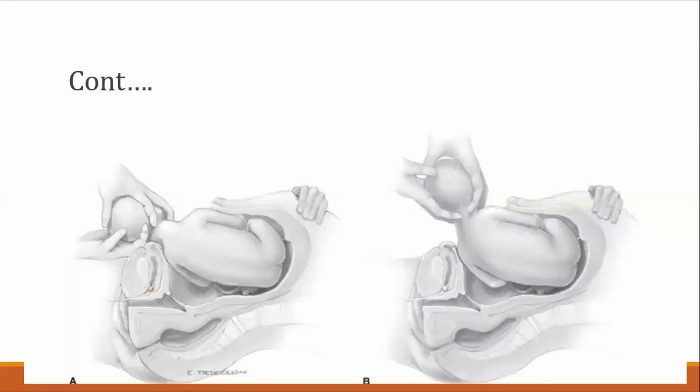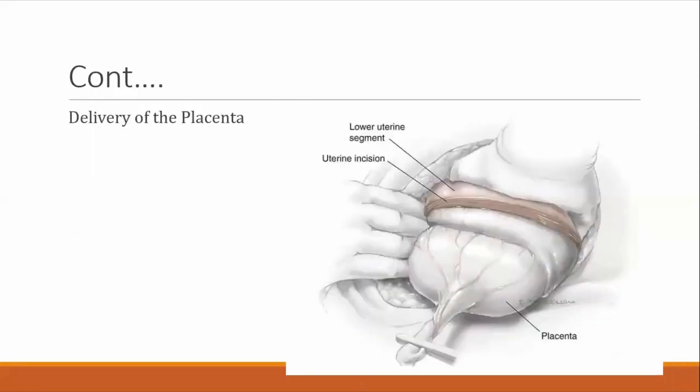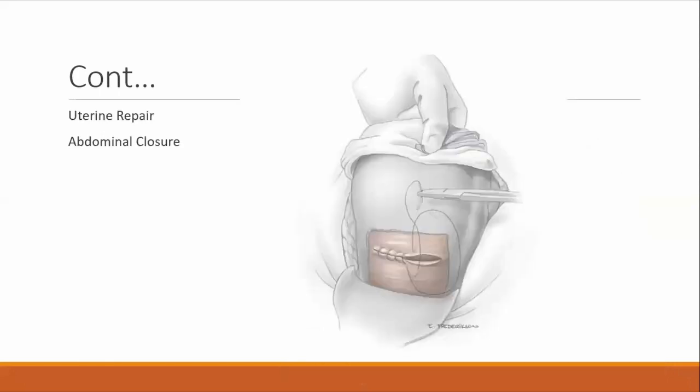We have to hold the head and deliver the shoulders one after another. And for the delivery of the placenta, we usually deliver the placenta with uterine massage and continuous contraction. And we should do uterine repair and abdominal closure, as I have already said. About types and techniques of uterine repair, you can read further. And there will be stepwise abdominal closure.